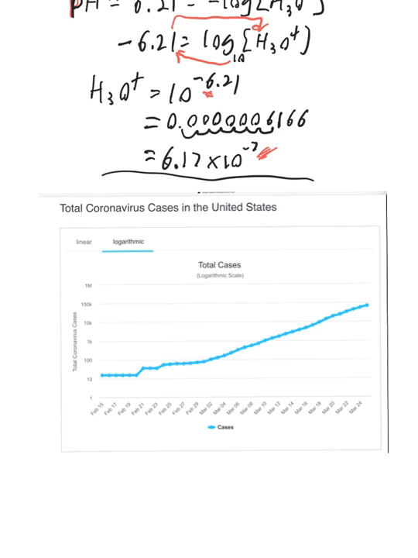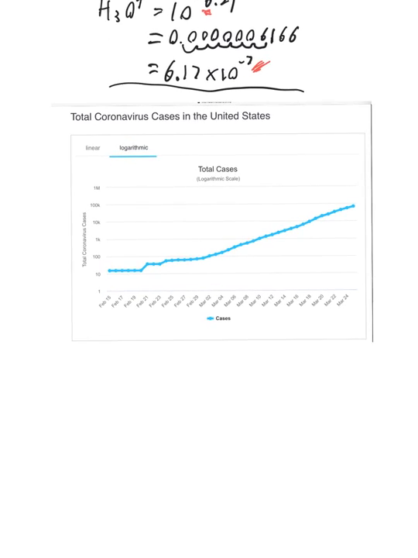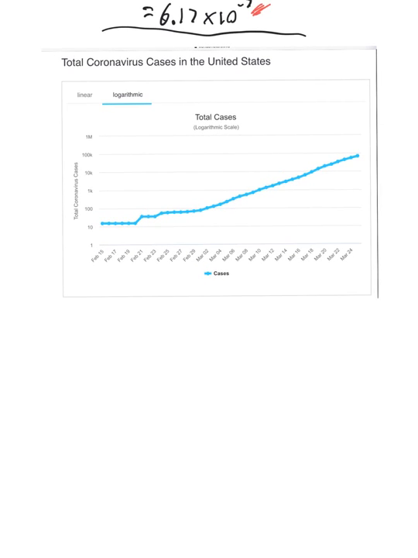Each grid line as you're going up is not a fixed amount of increase, it's a fixed multiple of increase. You're going up by a factor of 10. 1 times 10 is 10, 10 times 10 is 100, 10 times 100 is 1,000, 10 times 1,000 is 10,000, etc. So the y scale is increasing by multiples.